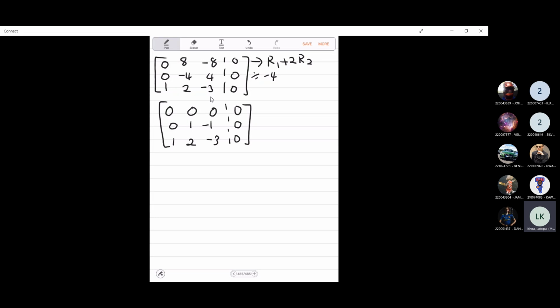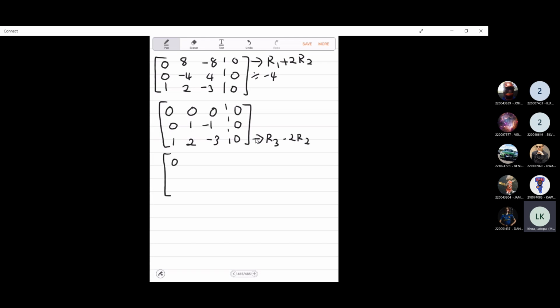Okay, so I can make this one here as 0, and I just say row 3 minus 2 times row 2.